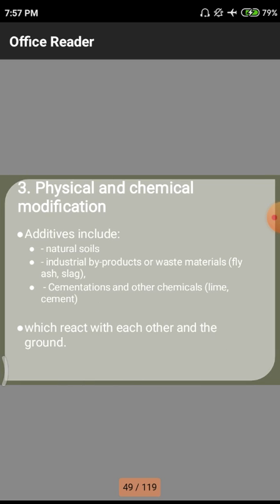In some cases we have to use chemical additives like lime, hydraulic lime, and cementitious materials, and a few naturally occurring soils which have these properties, as filling materials. Next, we use industrial wastes as alternative materials to change the ground properties.